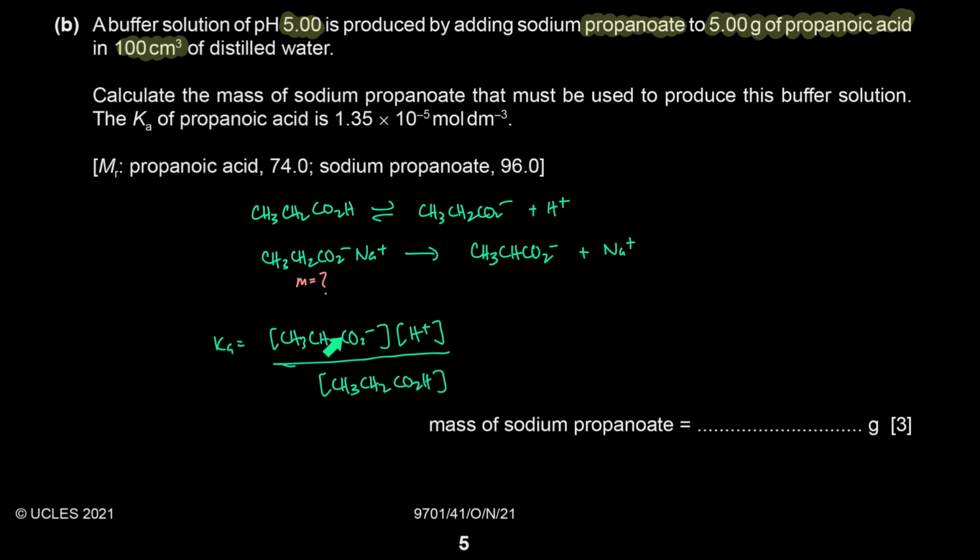We can assume that all the conjugate base comes from the salt, because the salt ionizes completely. We don't know how much conjugate base we have, that's what we have to find, so let's call that X. Now we know the concentration of H plus, because we want to make a buffer solution of pH 5. So the concentration of H plus is simply 10 to the power of negative pH, so that's 10 to the power of negative 5.